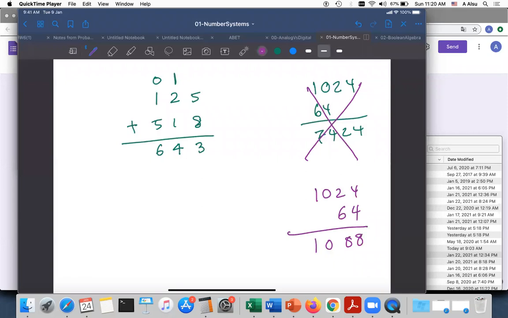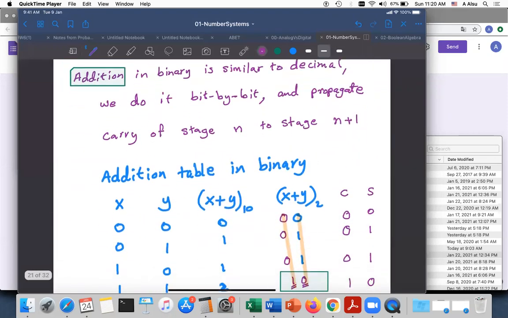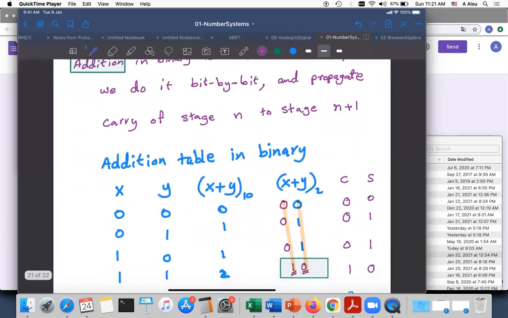So what we need to do now is to understand what is the result in binary of adding 2 bits. What are the possibilities of adding 2 bits? We have 4 possibilities basically. We can either add 0 plus 0, or 0 plus 1, or 1 plus 0, or 1 plus 1. For the first 3 cases, the answer is straightforward: the decimal answer is the same as the binary answer.